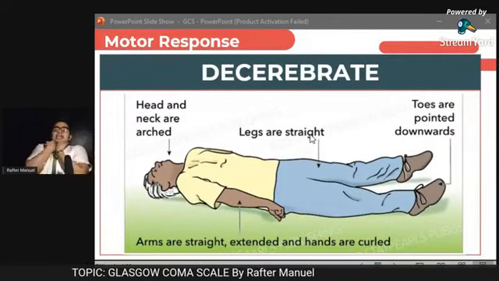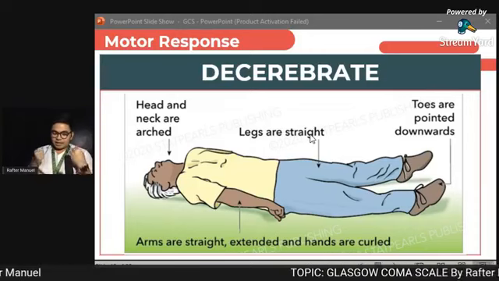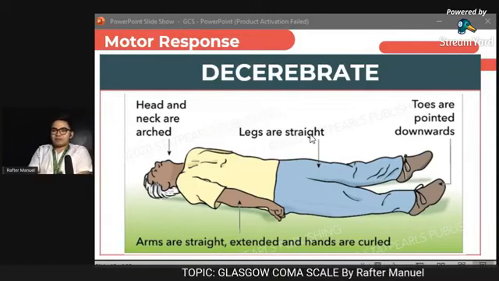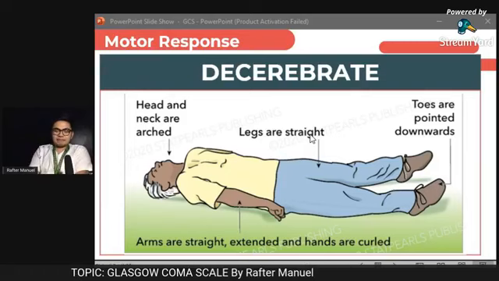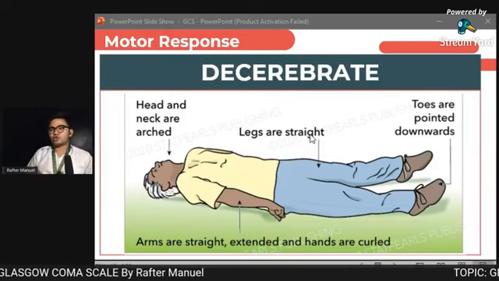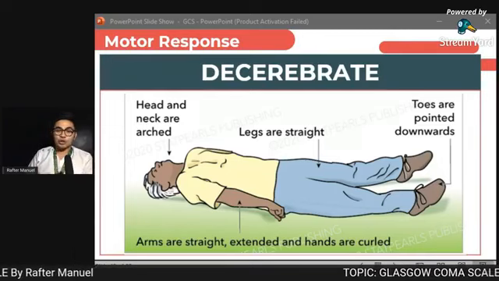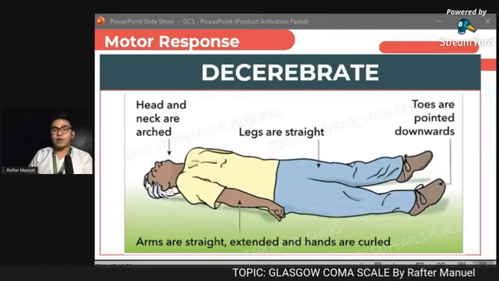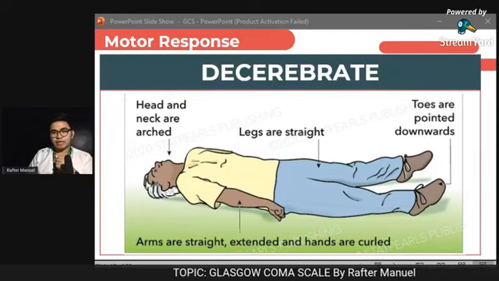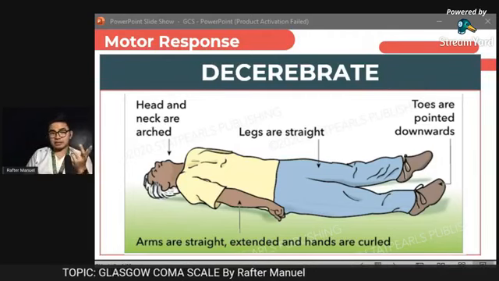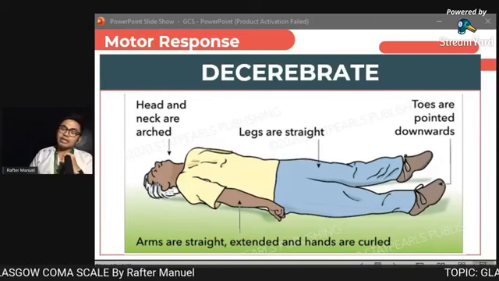Decorticate with letter C to be mindful of, decerebrate or descent. Okay, you're going to descent your arms, pababa sila lahat, decerebrate. So again, of these two abnormal posturings that you will see, decerebrate is definitely the worst of these two because it signifies that we have got injury further down into that brainstem and really impacting our patient's core primitive functioning. So decerebrate posturing can be seen in patients with large bilateral forebrain lesions.